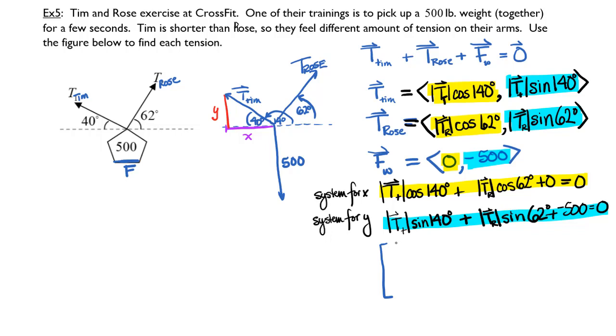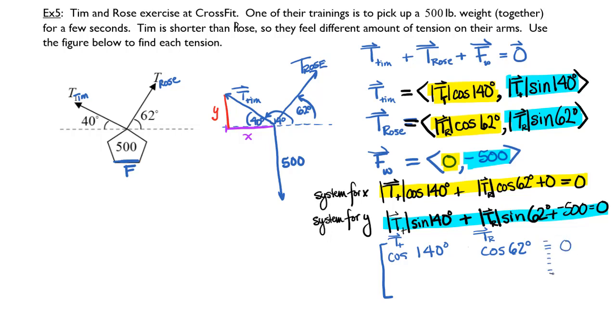Because the tension for Tim's arms is represented in the first column, and the tension in Rose's arms is in the second column, we can write cosine of 140 degrees, cosine of 62 degrees, and this is equal to 0.